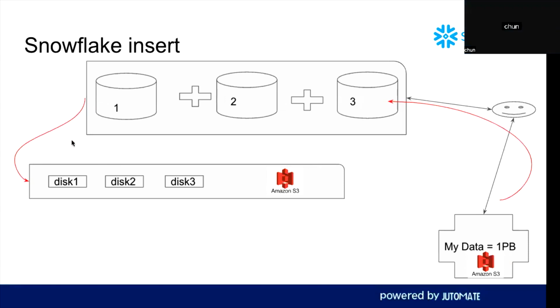But what they do on top of the insert is divide the data into micro partitions and add some sort of smart index. So essentially, when you are querying your data through the cluster, you're doing very smart data skipping and only accessing the data you need.